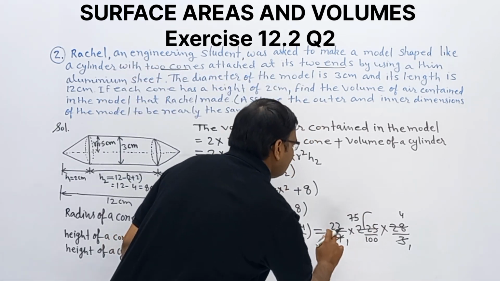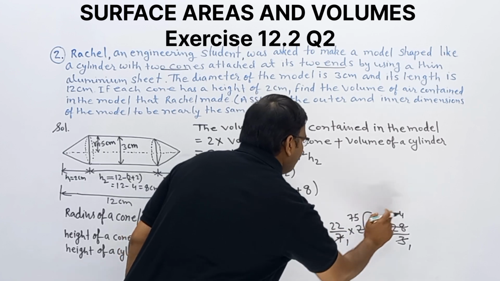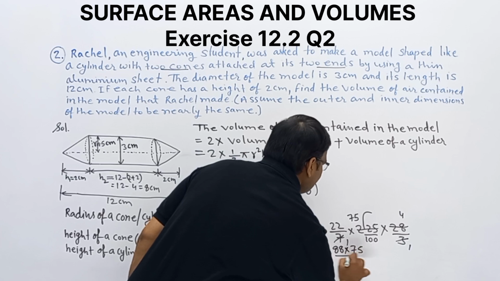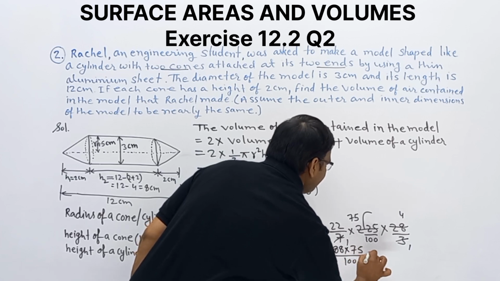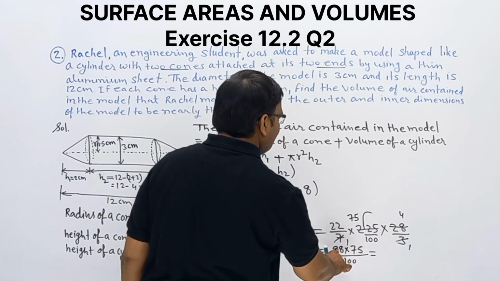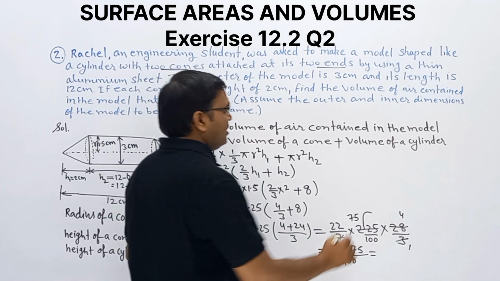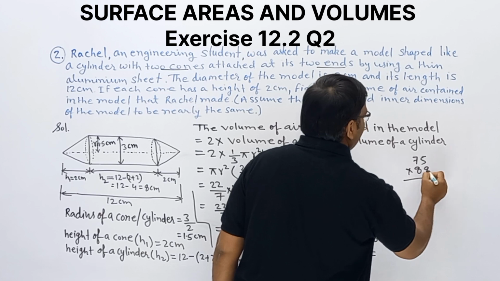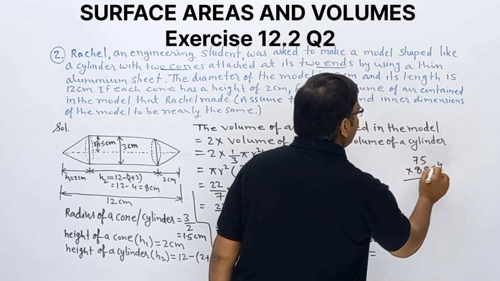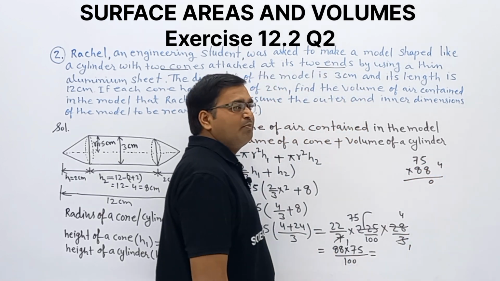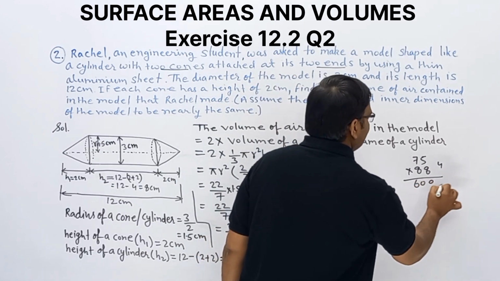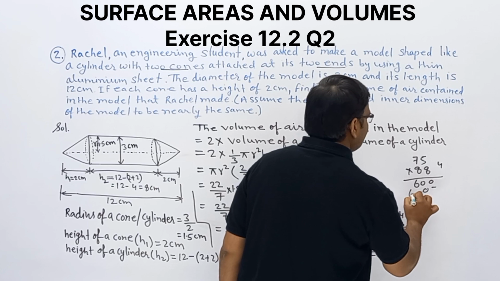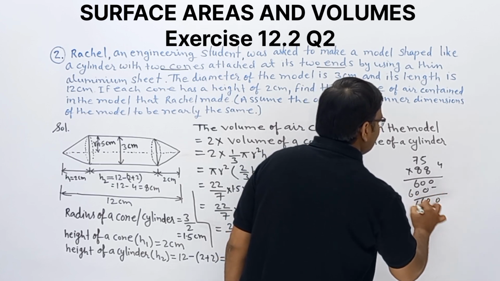Now what is remaining? 22 into 4 is 88, into 75 divided by 100. Now multiply 88 into 75. 8 fives are 40, 4 remaining, 8 sevens are 56, 56 plus 4 is 60.